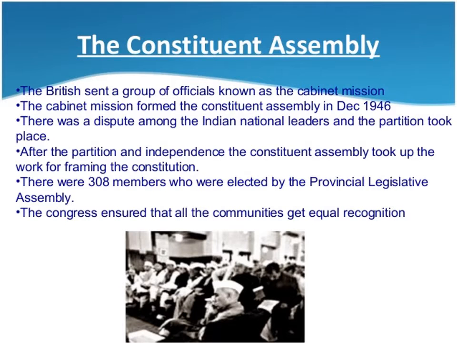The British sent a group of officials known as the Cabinet Mission, and the Cabinet Mission Plan formed the Constituent Assembly in December 1946.